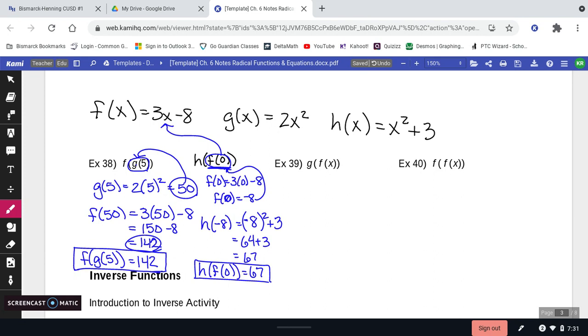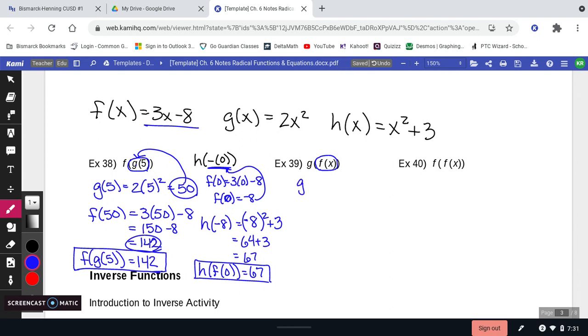Okay, so we did this with specific values, but you can also do it just with the function. So you put one function inside of another. Okay, so I will show you how that works. So this one, you're doing g of f of x. Okay, well, what is f of x? Well, f of x is the 3x minus 8.